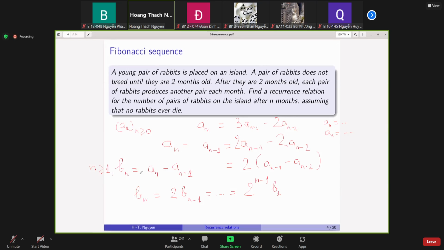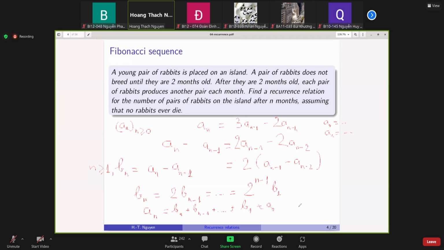So if you plug it back, then a_n will be equal to b_n plus b_{n-1} plus etc. plus b_1. b_1 is a_1 minus a_0, so you need to have one a_0 here, and then you can replace this.